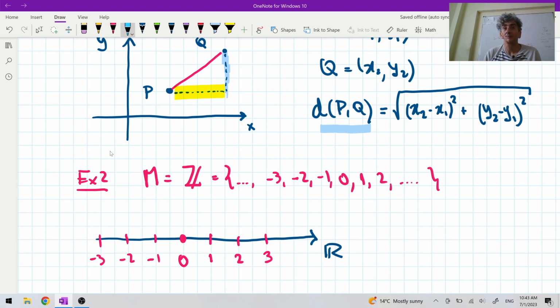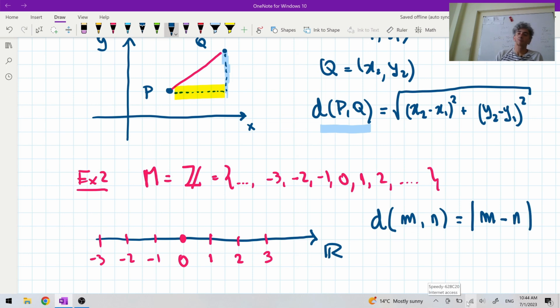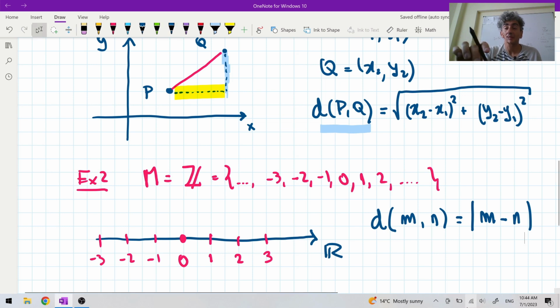Now the distance between two integers, say m and n, is actually the absolute value of the subtraction. It's the absolute value of the difference between them. This gives, again, a function that satisfies those four requirements.